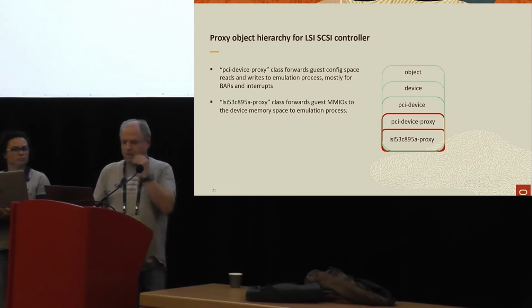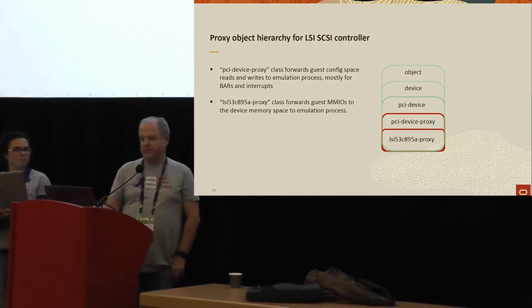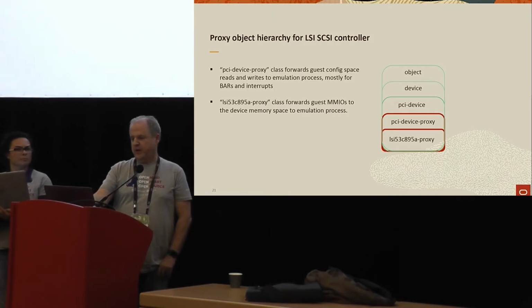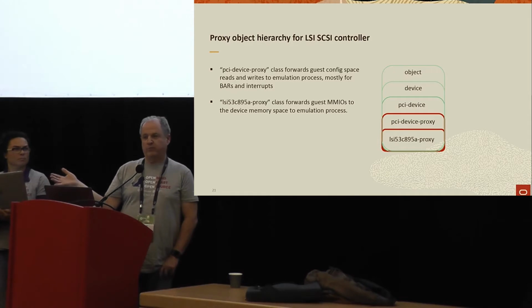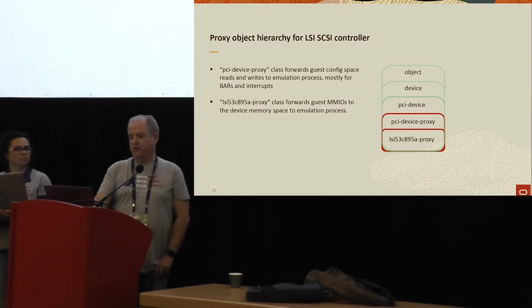So as far as what the proxy objects look like, again, we're reusing all sorts of QEMU code. All of the object, device, and PCI classes are exactly what are done within QEMU right now. We have a new one for PCI device proxy, and that's the one that's going to forward the guest config space accesses.